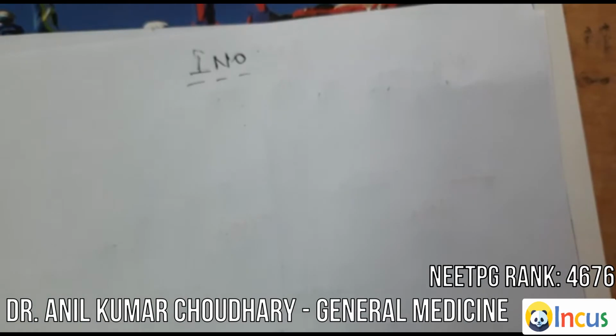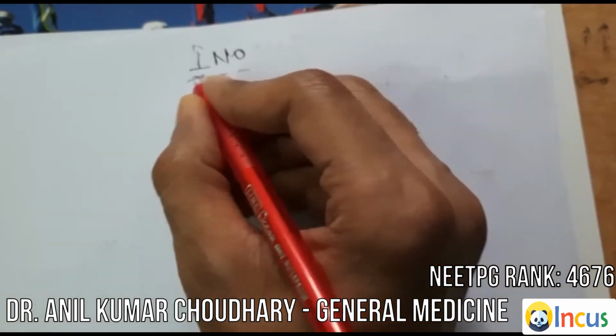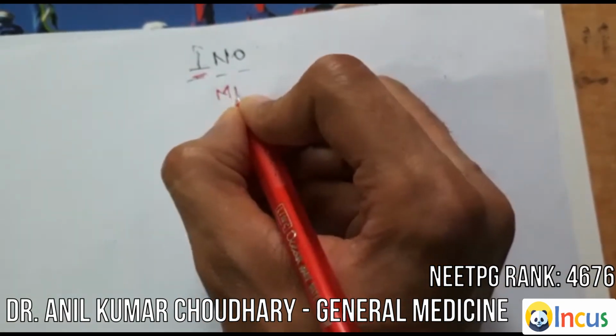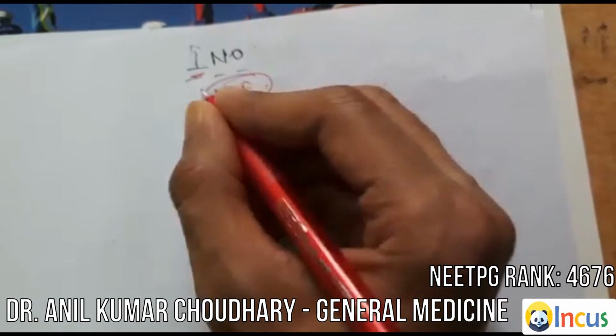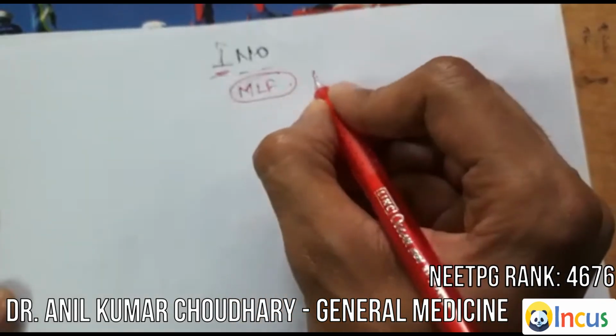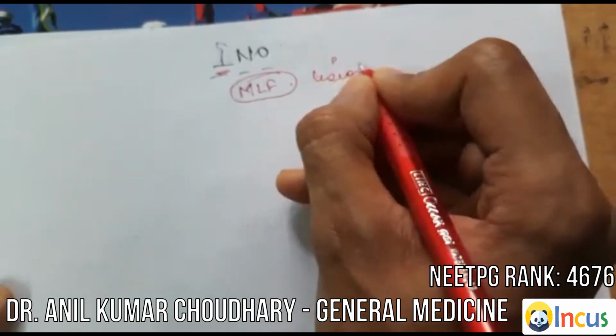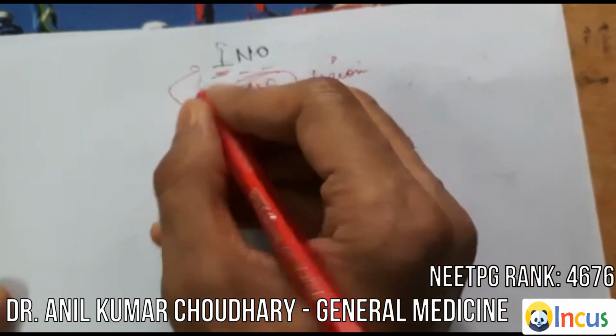That was the MLF we have seen just now. So basically the pathology will be the pathology in the medial longitudinal fasciculus. Lesion in medial longitudinal fasciculus causes INO. Clear, as the name suggests.